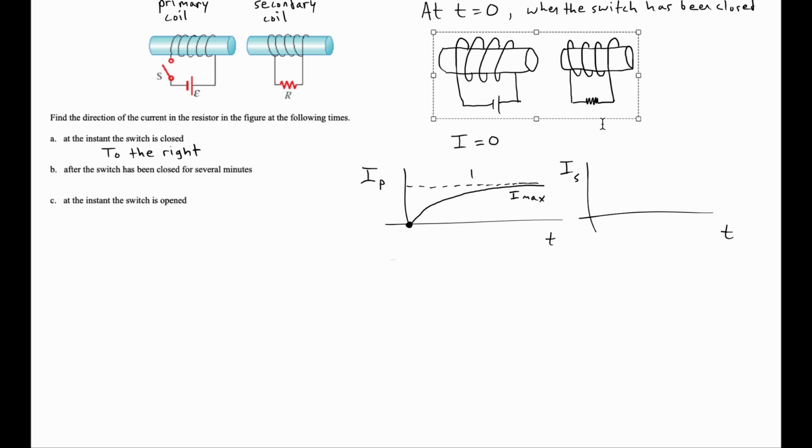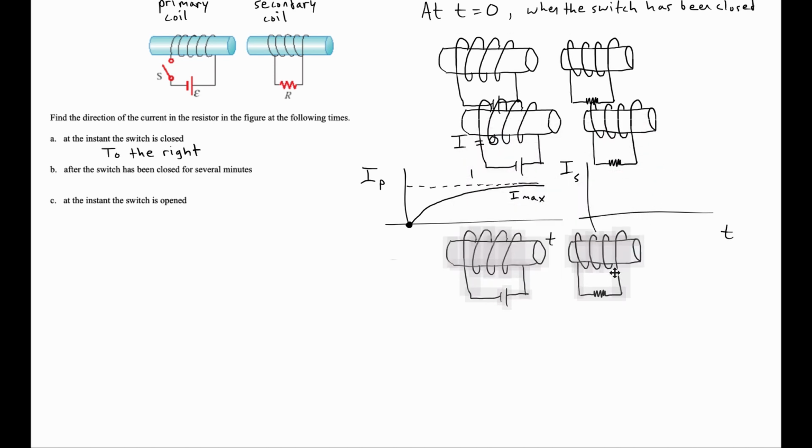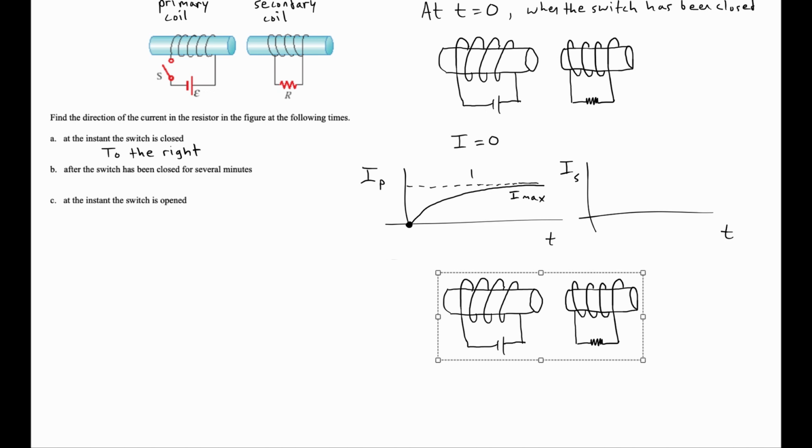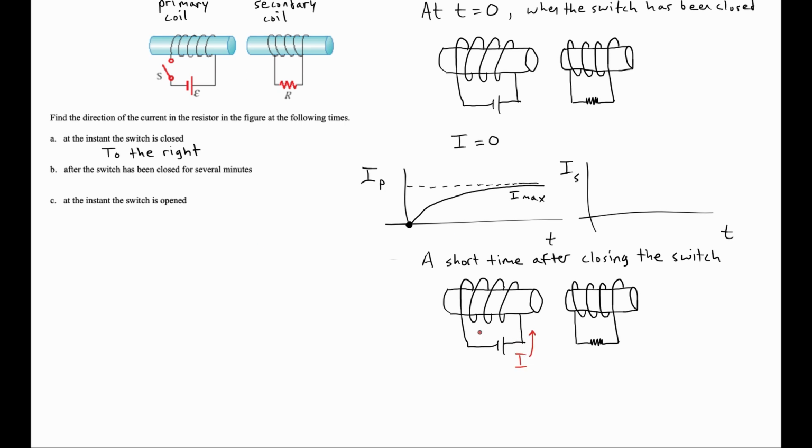All right, now we'd like to analyze what happens at a later time. Let's say this is going to be a short time after closing the switch. This could be while current is building up in the primary coil. So at that time, current is going to be flowing.